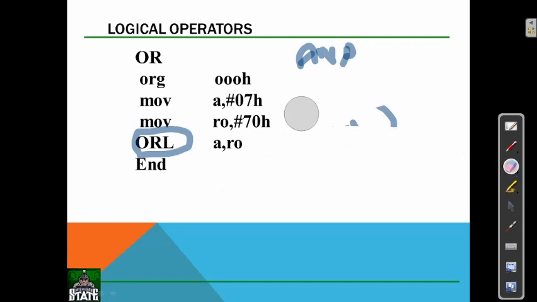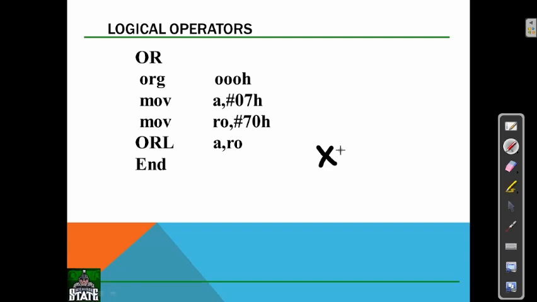Likewise, for a XOR program, instead of ORL we put XRL. This is the syntax of the XOR program. Likewise, we write the logical operator programs in assembly language.